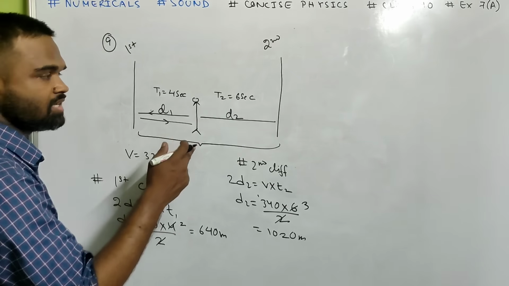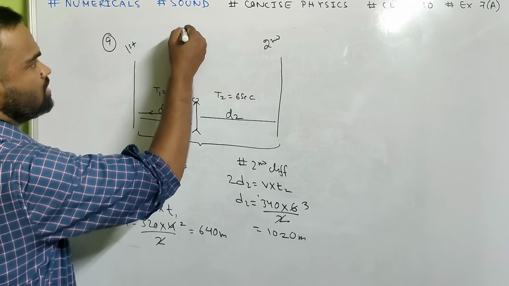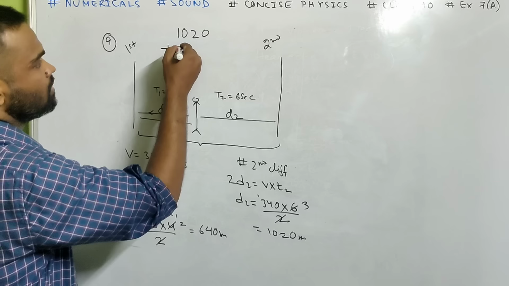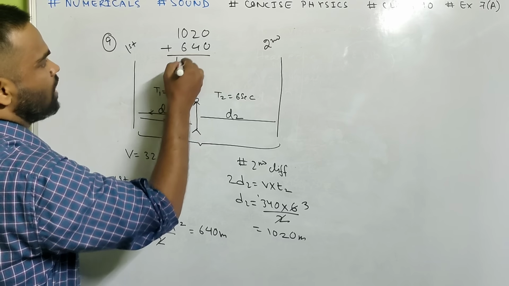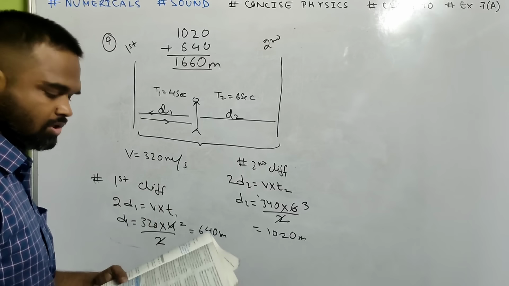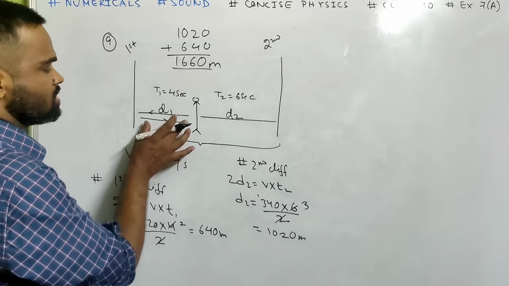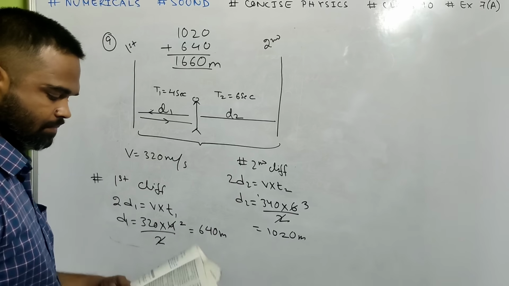So the total distance between the two cliffs will be D1 plus D2, which is 1020 plus 640, that is 1660 meters. So that's the distance between the two cliffs. Just take out the distances D1 and D2 and then add them.